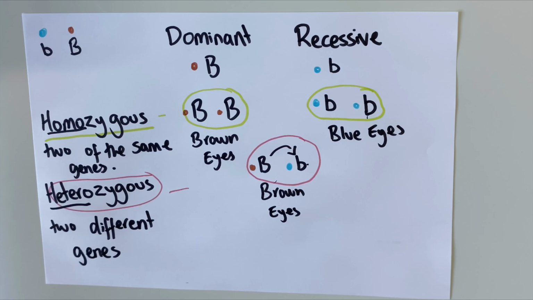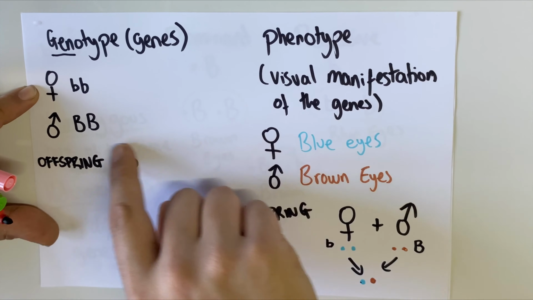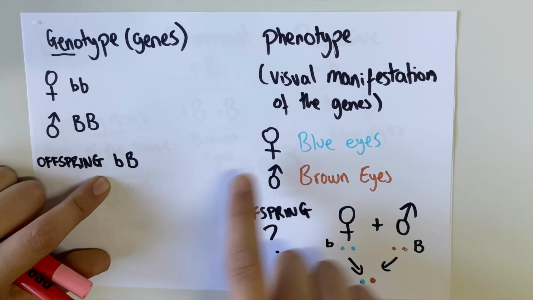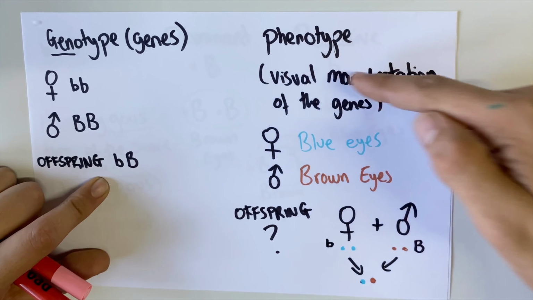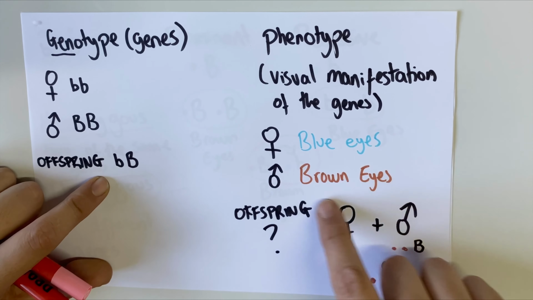So to really quickly recap, we looked at genotype and phenotype, genotype being the genes present in an organism, so in this case represented by letters, and the phenotype being the visual manifestation of the genes, blue eyes or brown eyes.